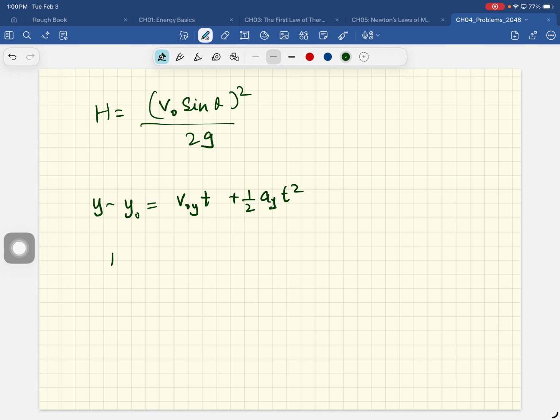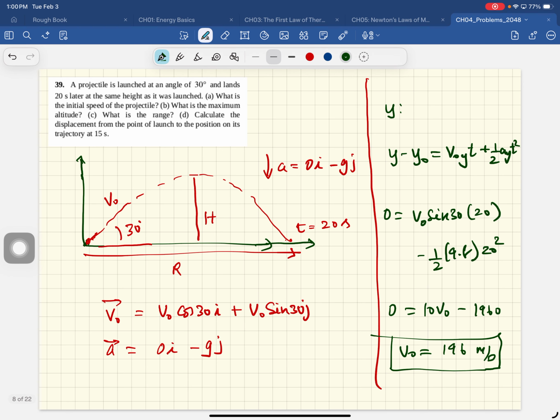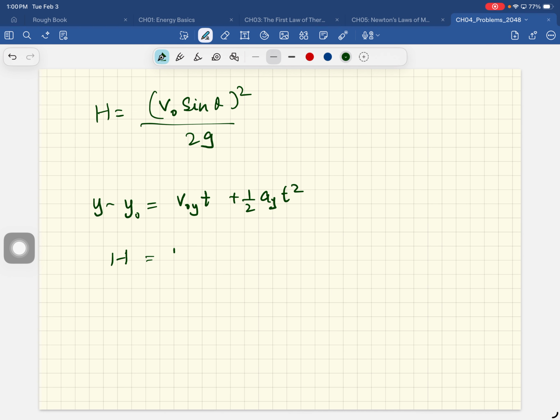Okay, so this is the final position h. This was the initial position, which was 0. h equal to v naught, which is 196 sine 30, times 10 seconds, minus 1/2 times 9.8 meters per second squared times 10 seconds squared.